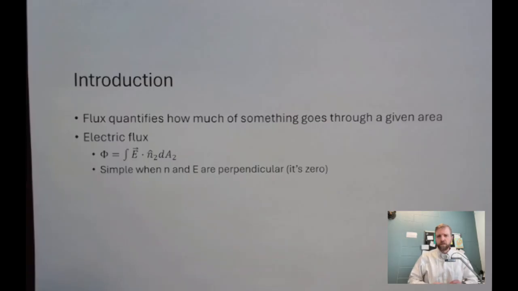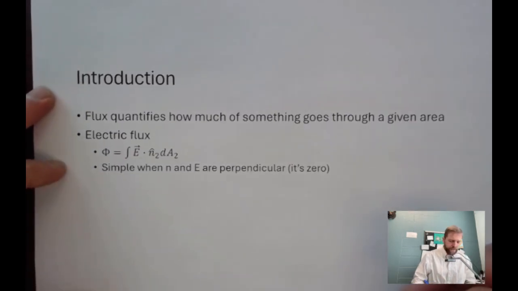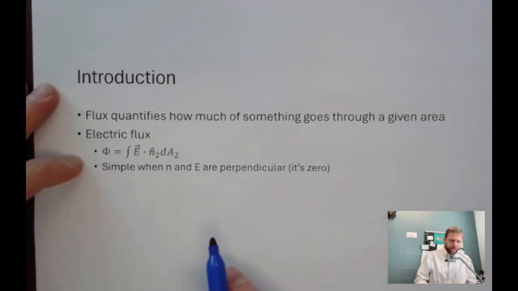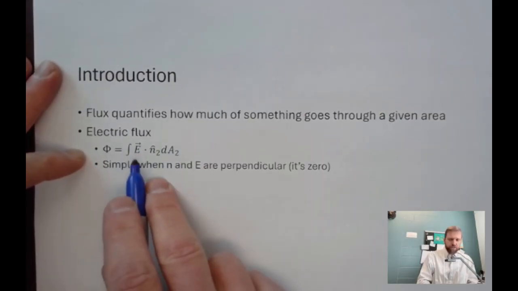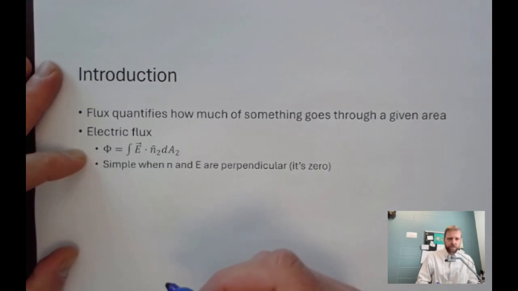If you've got wind, how much air is passing through a given area. So that's just in general what flux is. And electric flux is defined as the amount of electric field that passes through a given area.